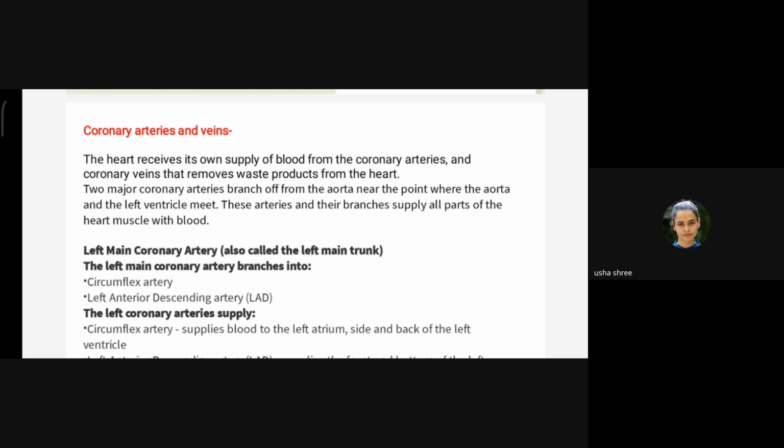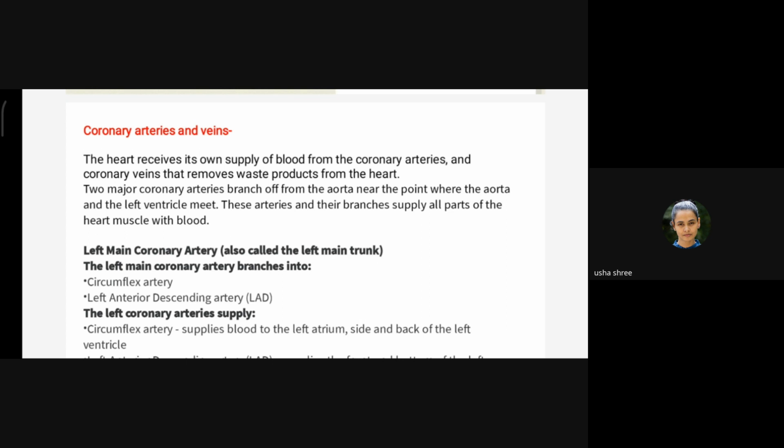Like that, the heart supplies blood throughout the body, but the heart also needs blood for its own survival. So the heart is supplied by the coronary arteries.